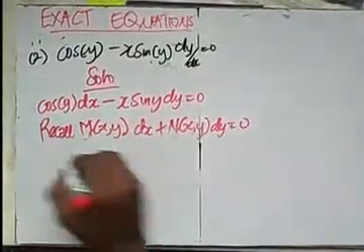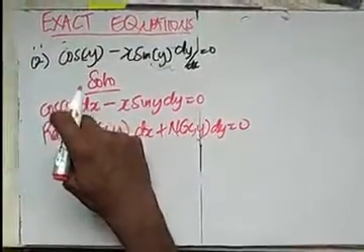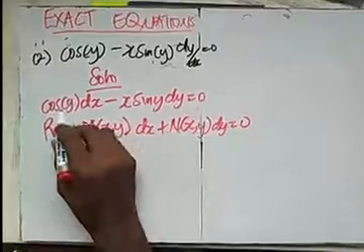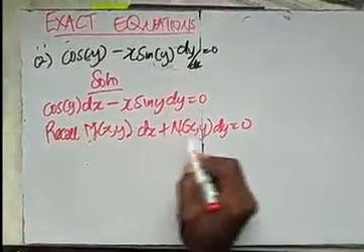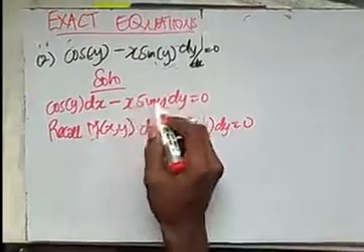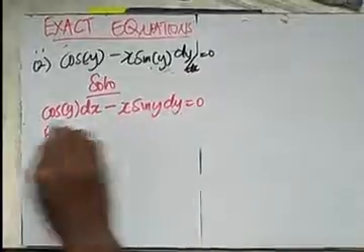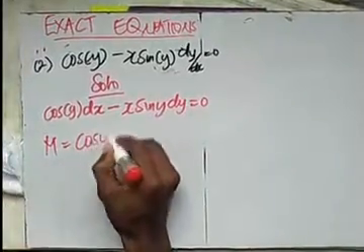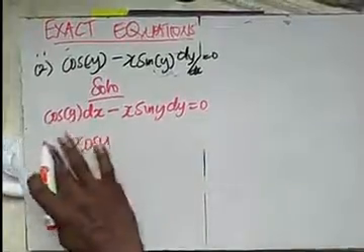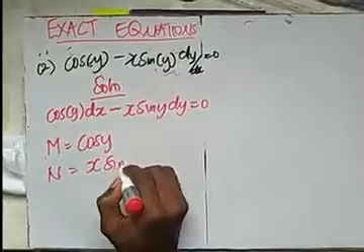This is the exact equation. So M as a function of x and y is cos y, and N as a function of x and y is minus x sin y.